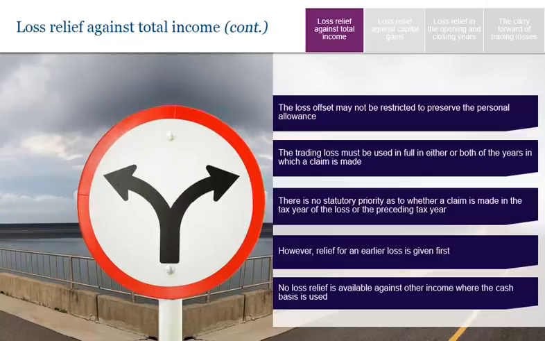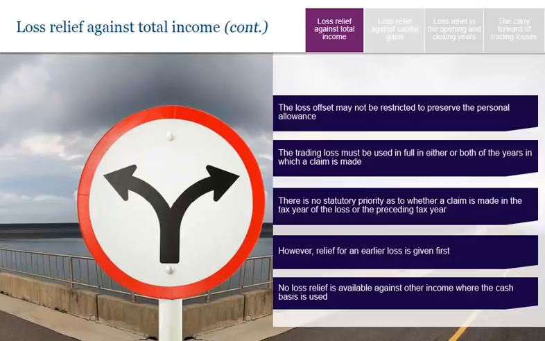However, with differing tax rates and bands, the order of the claims made may be optimised to save as much tax as possible. I say tax, income tax, but there is a knock-on effect with regard to relief against capital gains, which I'm coming on to.